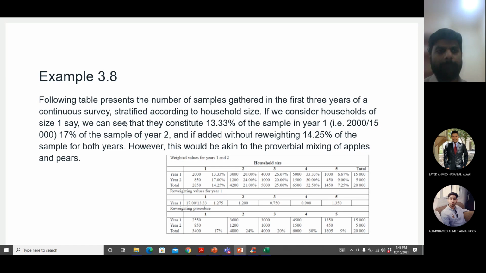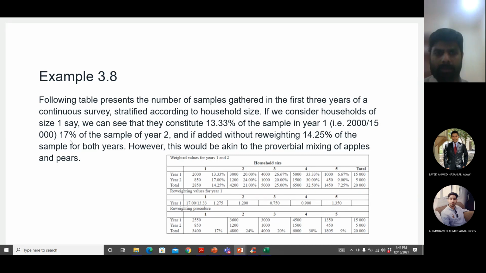Okay, now if you consider that in the first year the household size of 1 is 2,000. Okay, 2,000. Now 2,000 out of 15,000 means it is 17%.